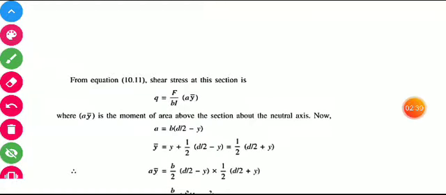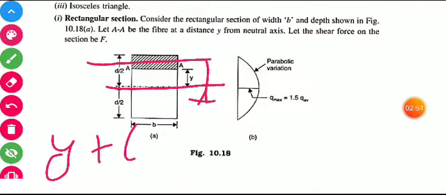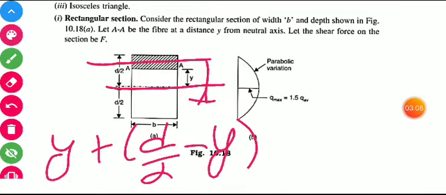And what is the value of y bar? As I told earlier, y is the distance from the neutral axis, and y bar is from this CG to the neutral axis. So this becomes y plus half of d by 2 minus y, which is d by 2 minus y by 2 added to y.